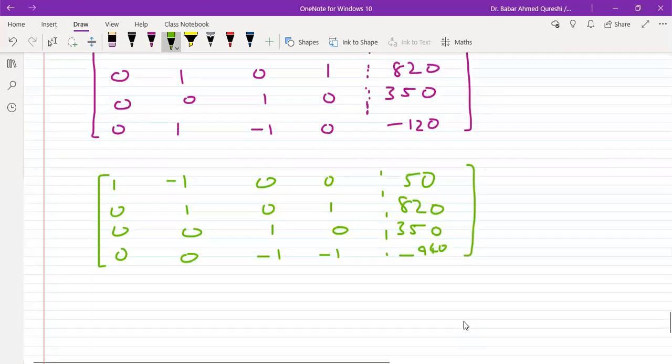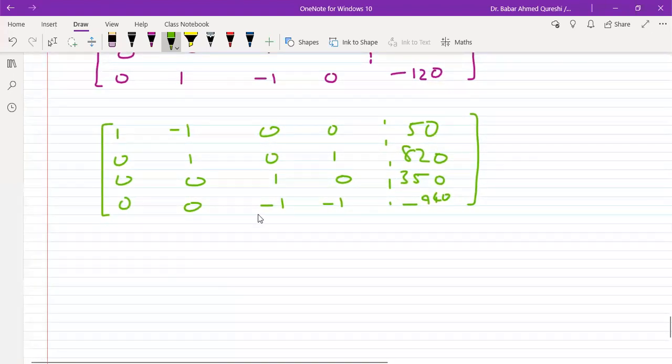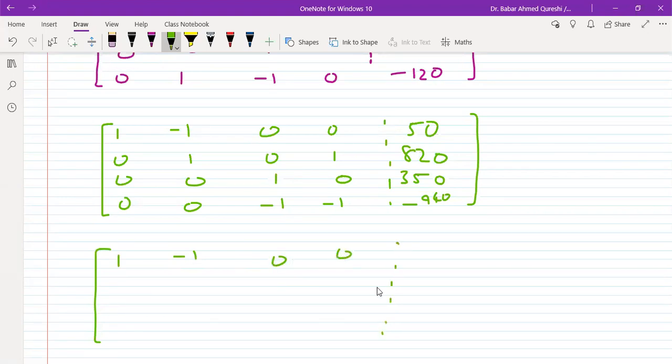Is this correct? Now I just have to add these. This gives me 0, this gives me minus 1, I can multiply it with a 1 to get 940.